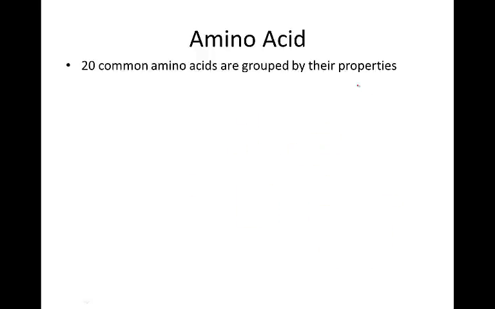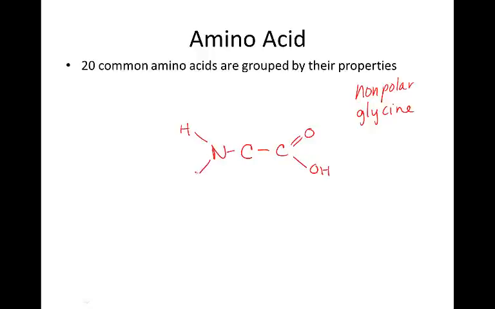So let's do our non-polar example. So this will be glycine. It is also the simplest amino acid. So we have our central carbon, our carboxyl group, our amino group, the hydrogen, and then for our R group, we have simply a hydrogen.